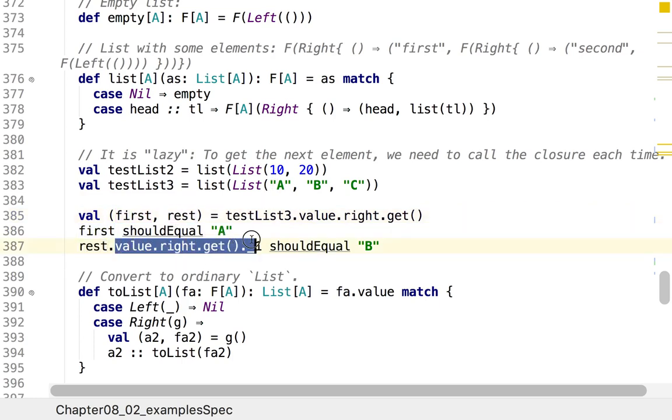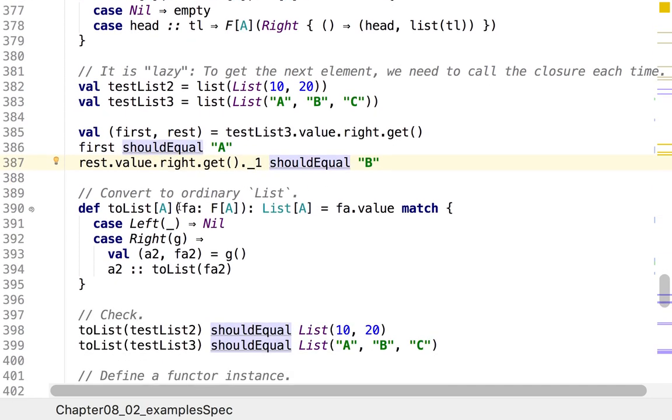Again, we have to do this in order to get anything out of it. So let's, for convenience, convert to ordinary lists. So that's how we convert. Straightforward function that would call and then call itself again. So these functions are not tail recursive, just using it for tests right now.